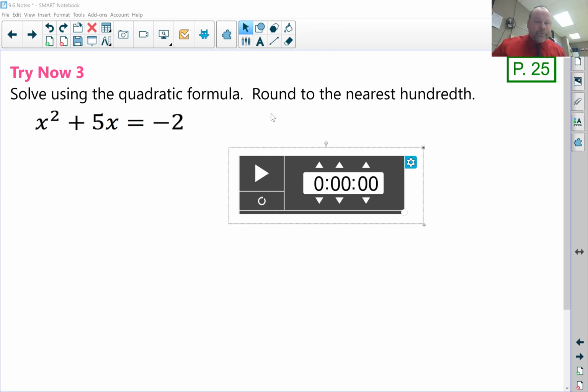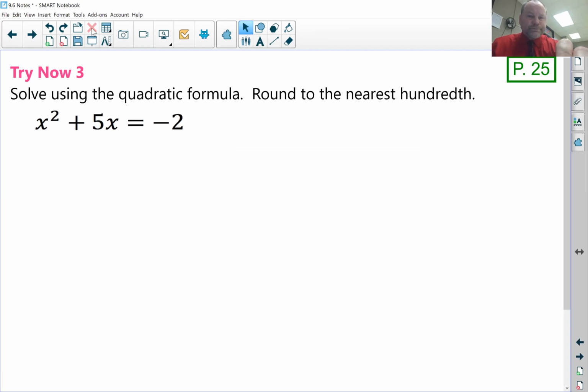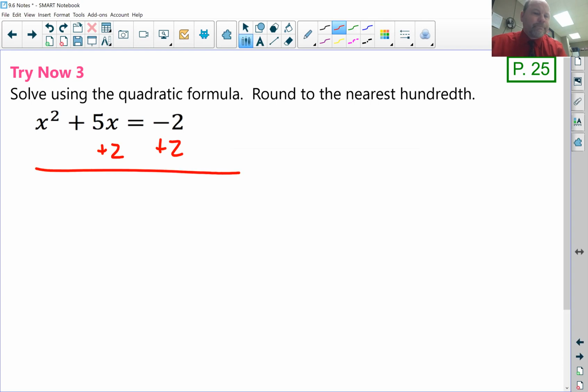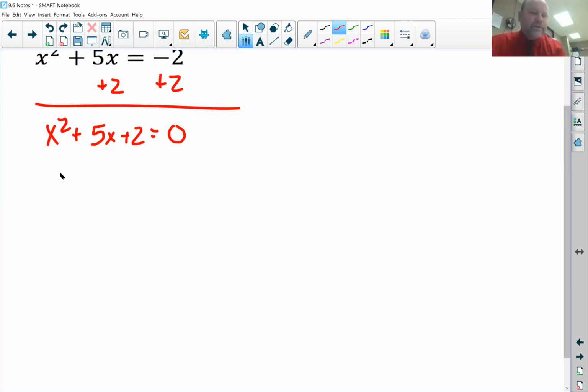All right. So taking care of this problem, first thing I would do is add 2 so that our equation is in standard form. A is 1, B is 5, C is 2.